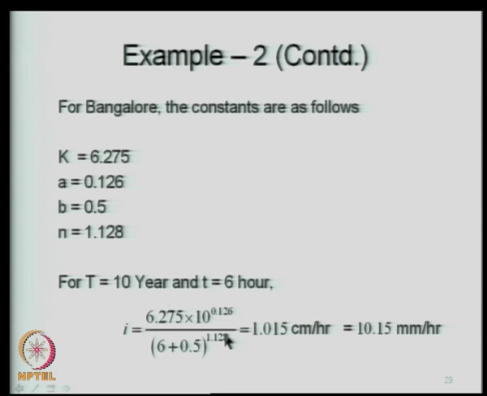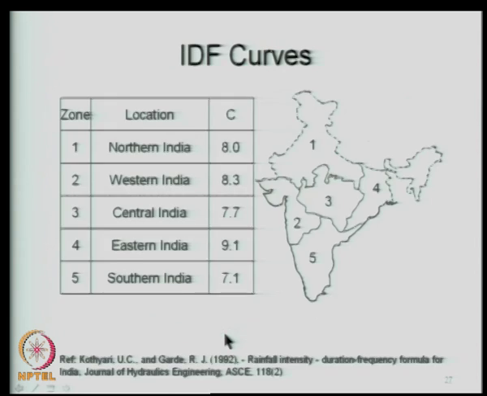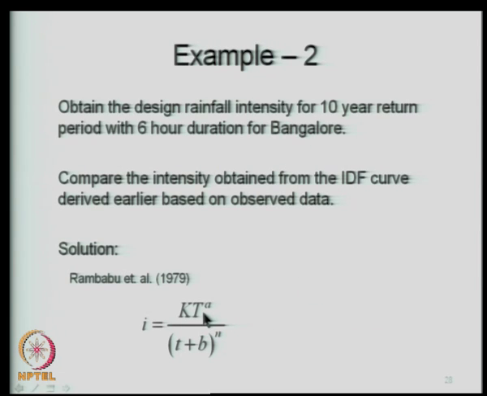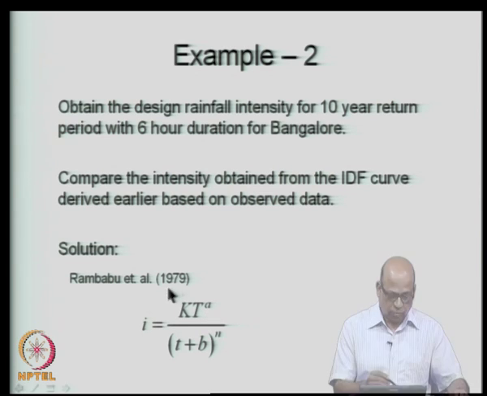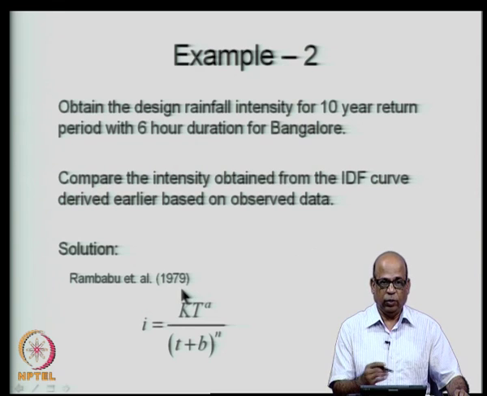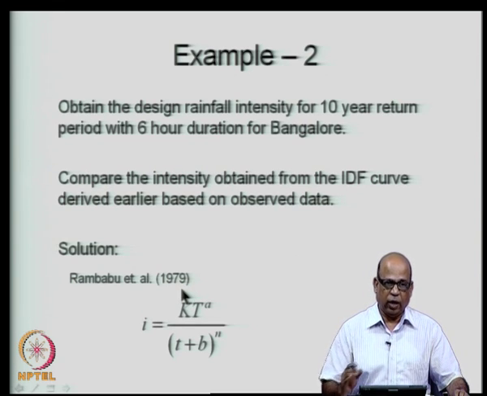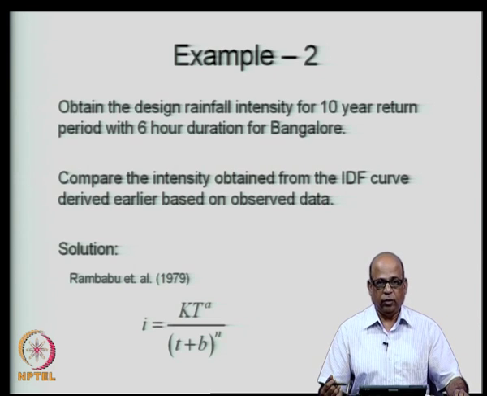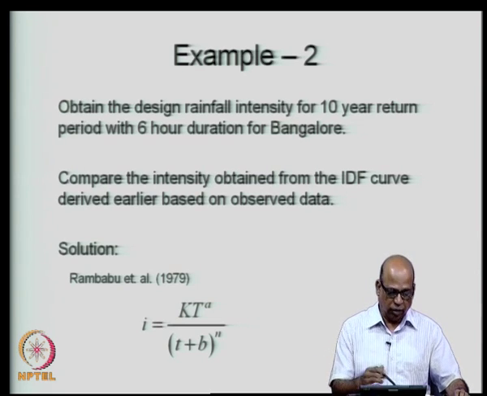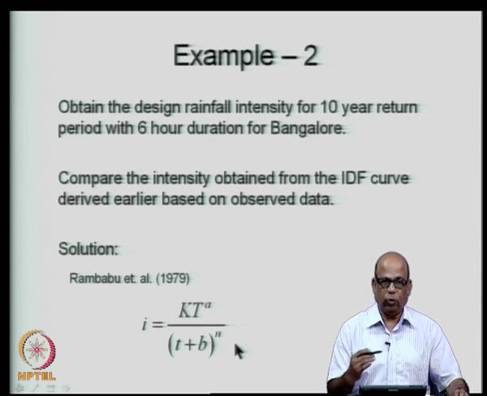Now, this is the expression provided by Rambabu et al. Remember, this study was carried out in 1979 with the data that was available at that time, and they studied 42 different rain gauges all across the country and arrived at this, which was extremely useful.